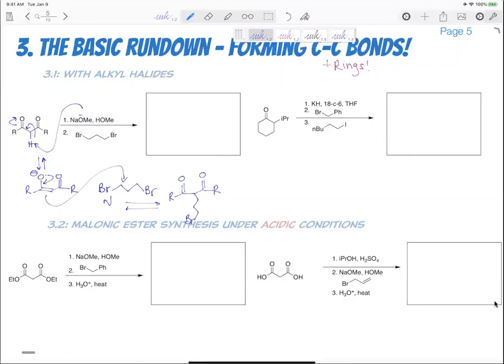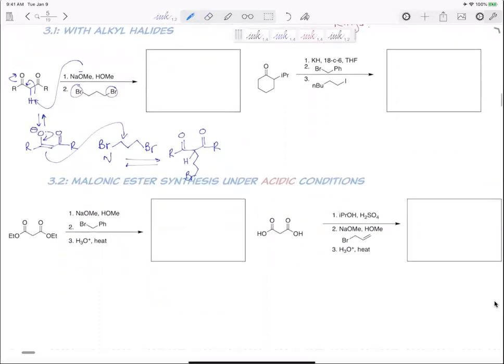Okay, and remember, if you see a leaving group on both ends, always assume that Naomi is in excess. Leaving groups on both ends, so Naomi is in excess. Another molecule of Naomi is going to come and deprotonate the other hydrogen there, like this here, right?